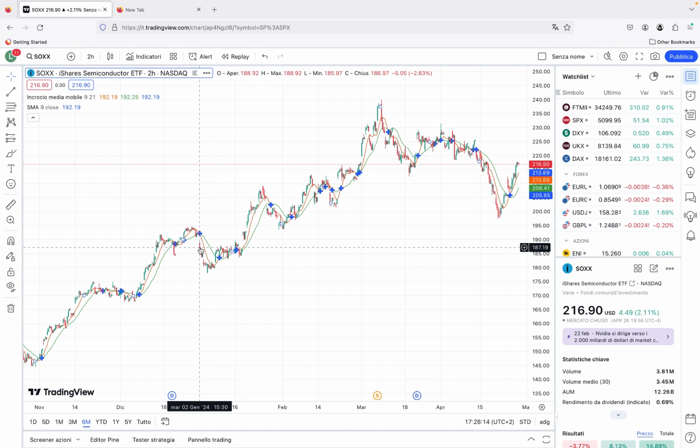If you can see this chart, the 6 months chart, the trend is bullish. What I consider in a trend is the first day and the last. I don't care what's in the middle.